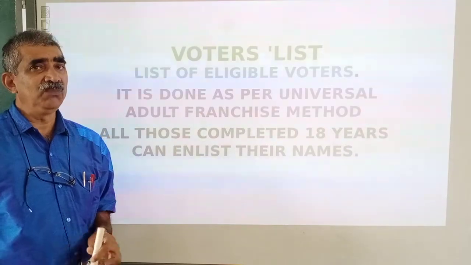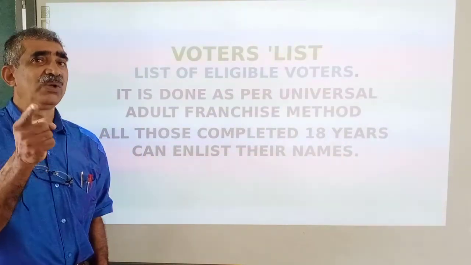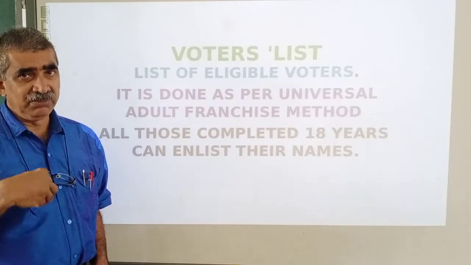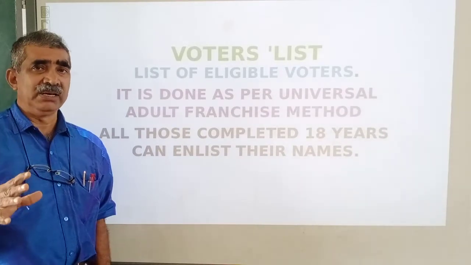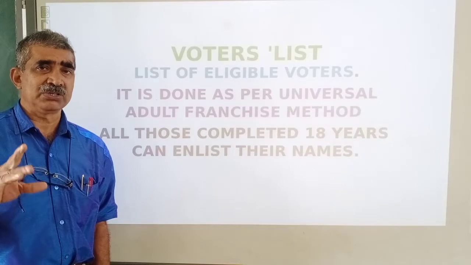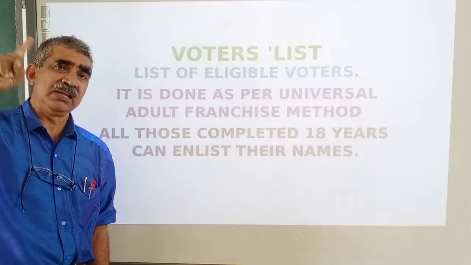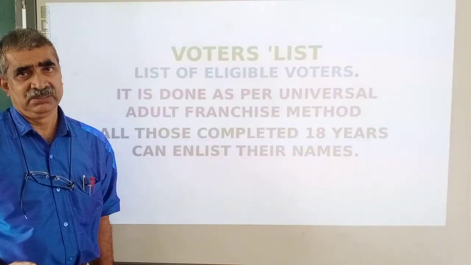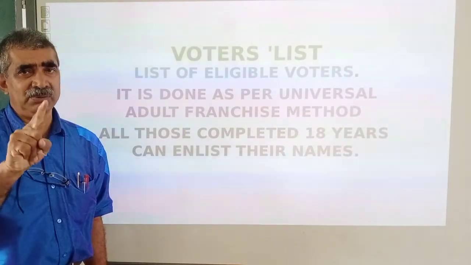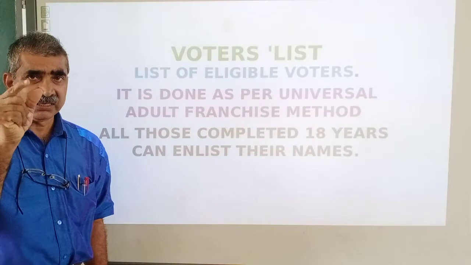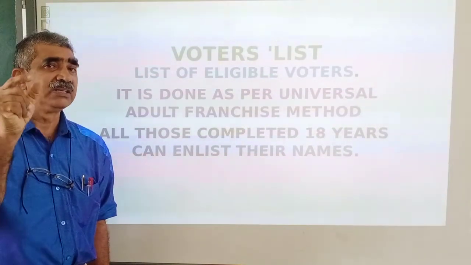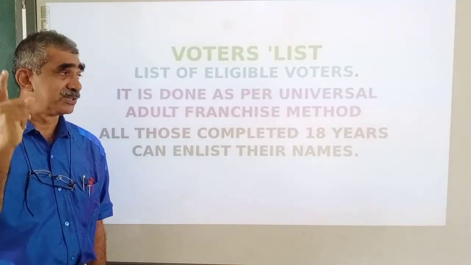So our name will be there in the ward where we are living. If I have given my address in Kerala to the Election Commission, I can go to Kerala and vote. I cannot vote here. Where I have given my address, there the name will be included in the list. That is called the voters list.